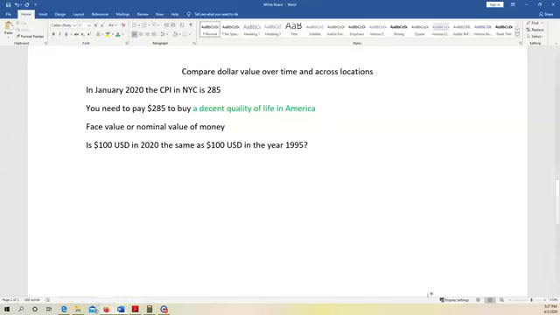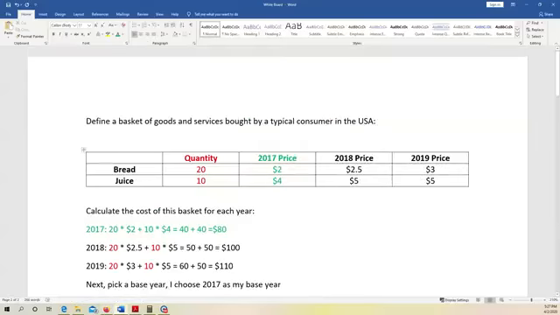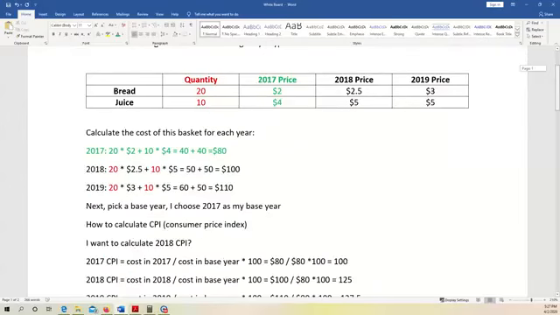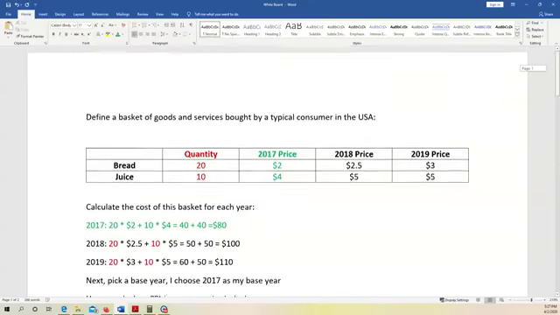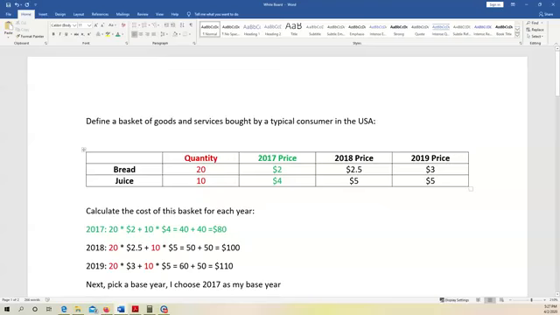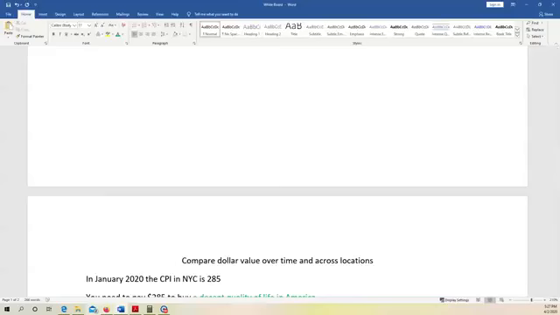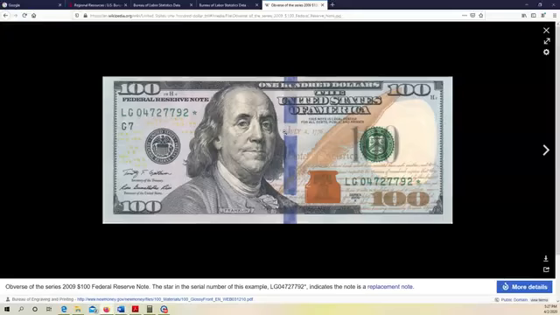Over time, everything is getting more expensive, because of inflation. So your money is losing power over time. Why? Because everything is getting more expensive. Over time, your money, the same piece of paper, this $100, can only buy less and less stuff because everything is getting more expensive over time.